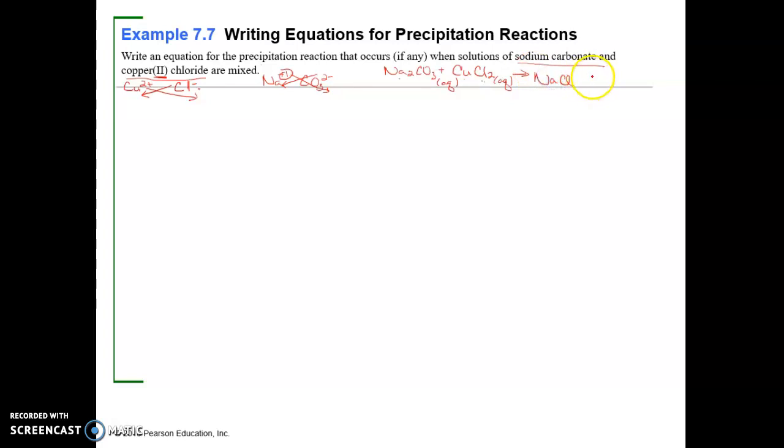Okay, and then we have our copper 2+ that's going to go with our carbonate, and carbonate is a 2- charge, so those are already equal but opposite. So it's going to become CuCO3. Okay, so now we're going to take a look at those solubility rules.